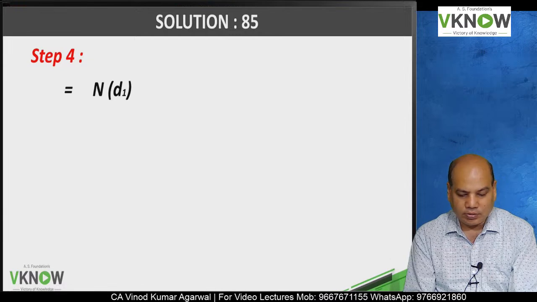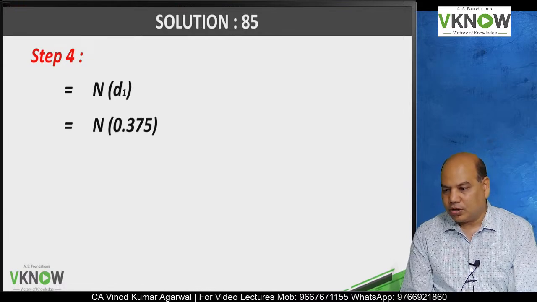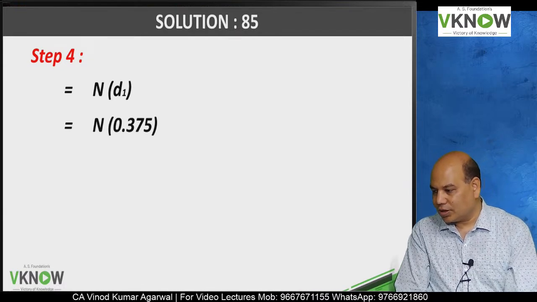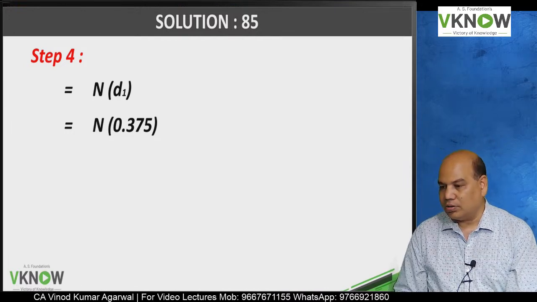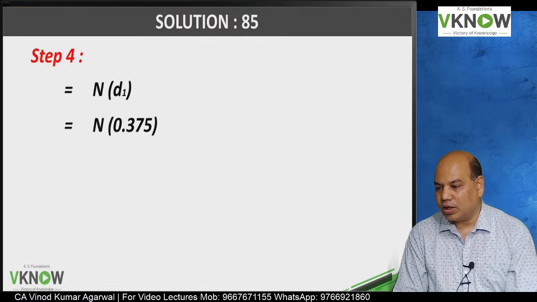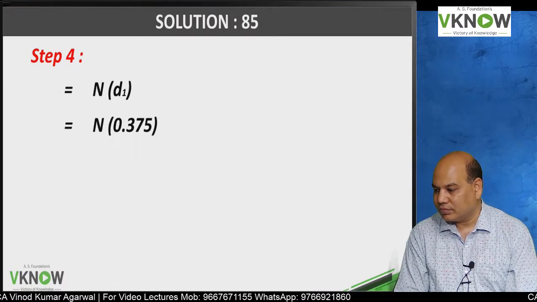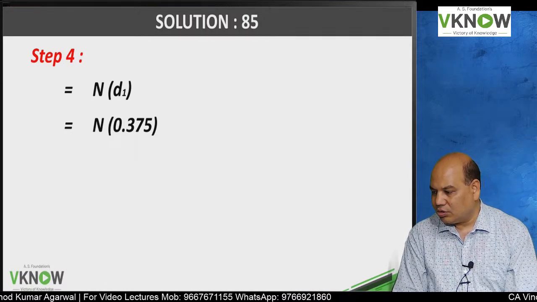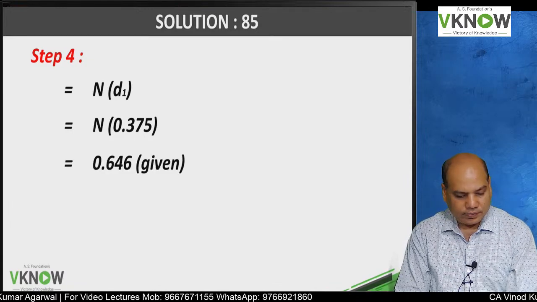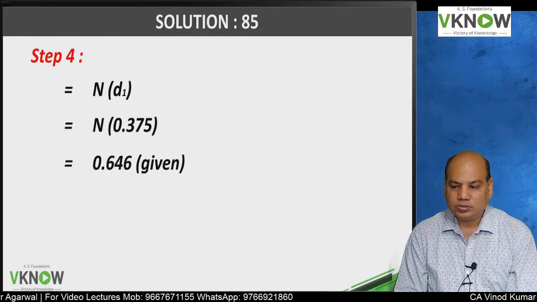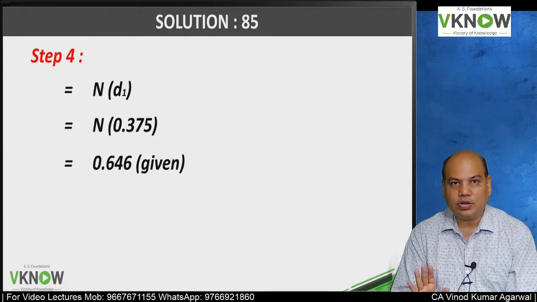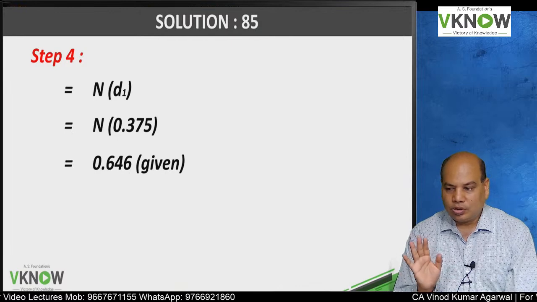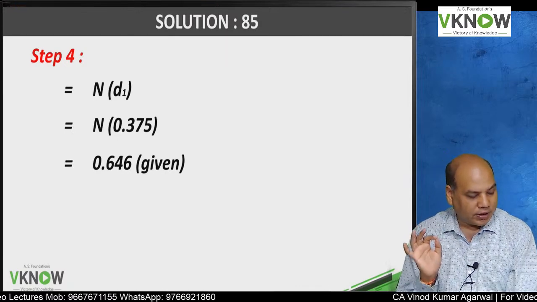So please write down step number 4, ND1, N into bracket 0.375, which is 0.646 given, no need to calculate, no need to refer table.